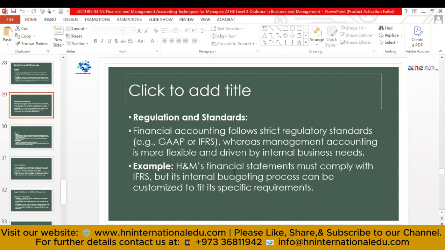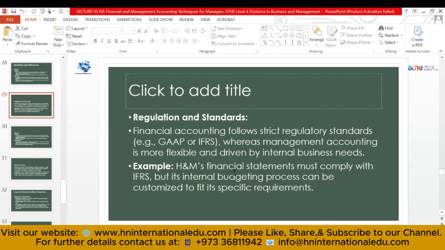Regulation and standards. Financial accounting follows strict regulatory standards, that is IFRS and GAAP, whereas management accounting is more flexible and driven by internal business needs according to managers, leads, and employees. For example, H&M's financial statements must comply with IFRS, but its internal budgeting processes can be customized to fit its specific requirements according to different countries.